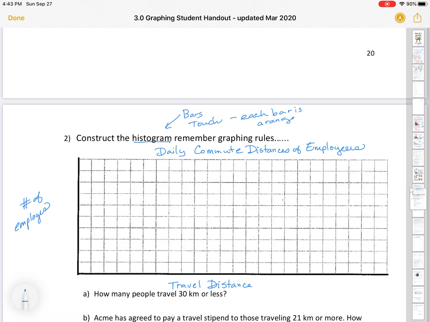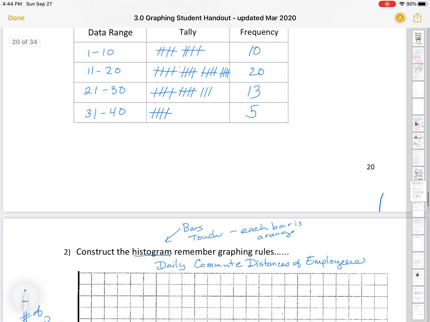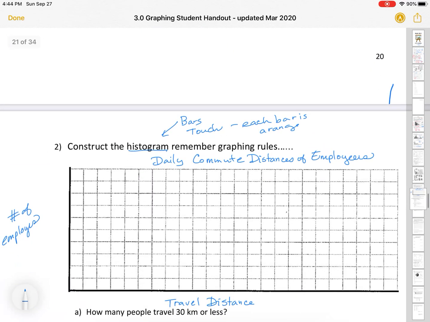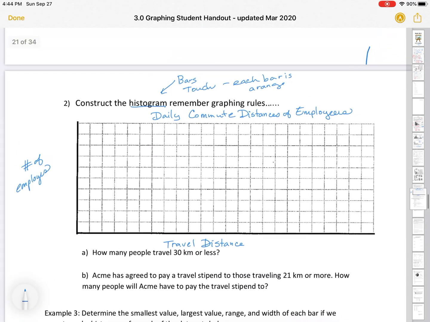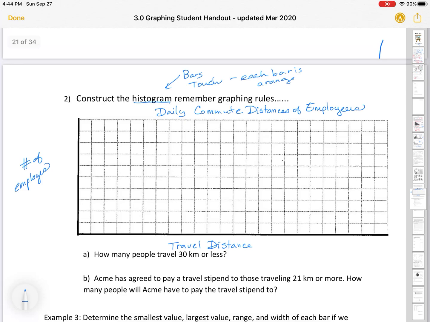Okay. Now, total number of employees, the biggest group I have for traveling, if I look here, is 20. And so I'm going to go up by 2, 4, 6, 8, 10, 12, 14, 16, 18, 20.